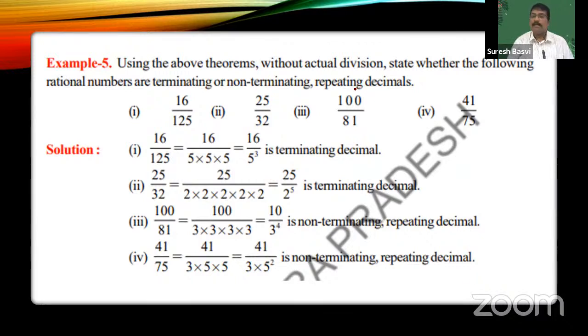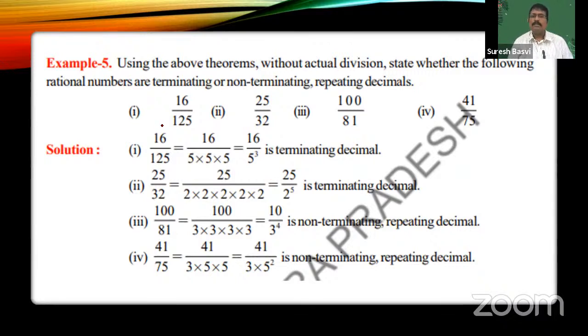So using the above theorems without actual division, state whether the following rational numbers are terminating or non-terminating, repeating decimals.